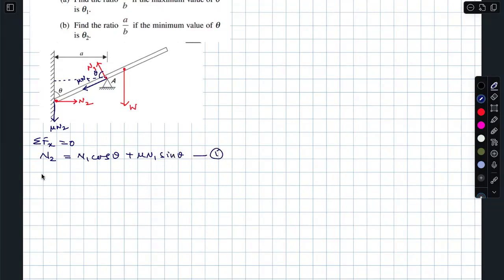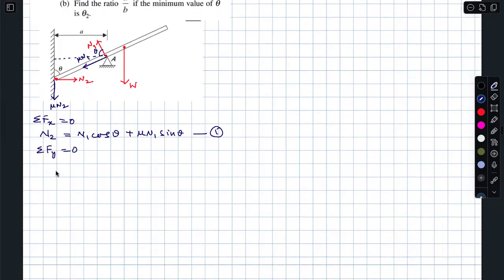Okay. Sigma Fy equals 0. Upwards, N1 sin theta is W plus mu N1 cos theta, equation 2.